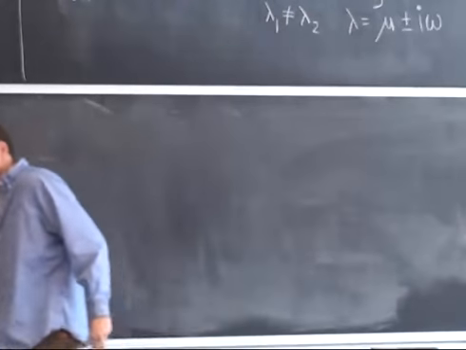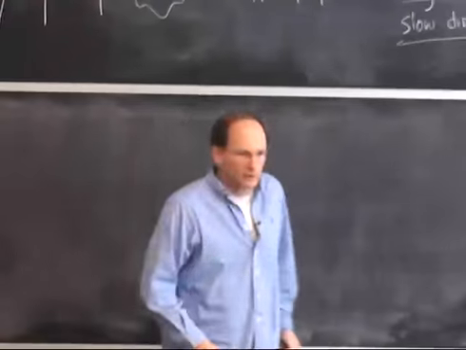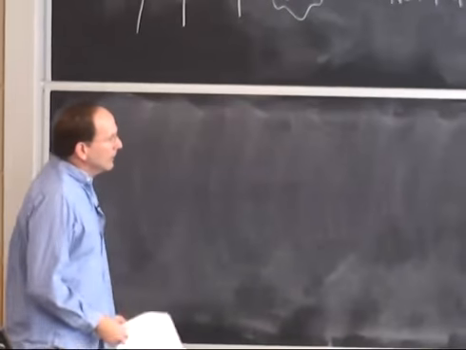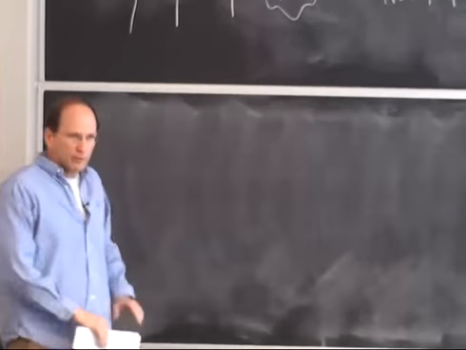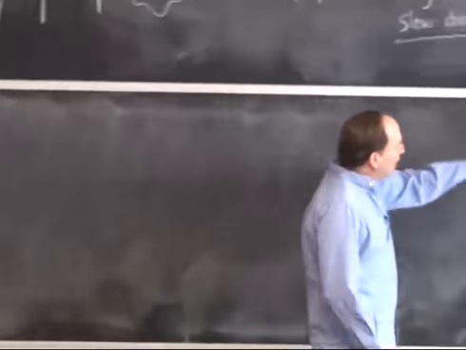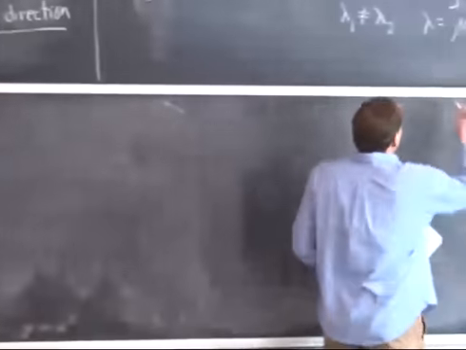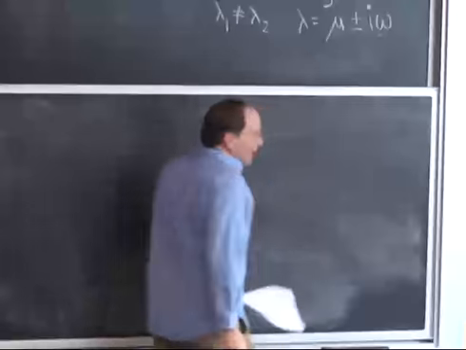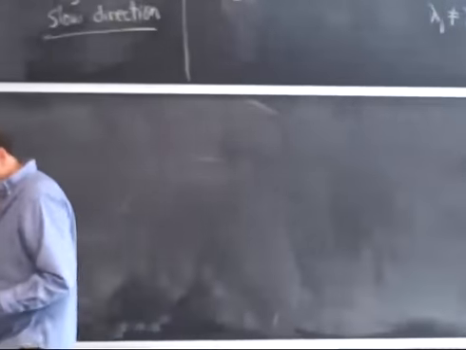So this case is a little tricky to write out explicitly. But again, I'll refer you to a linear algebra textbook or a differential equations textbook. All we're going to need to know about this case is that this mu and omega have nice physical interpretations.